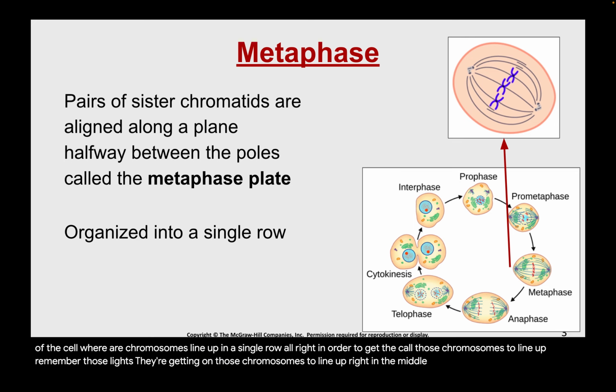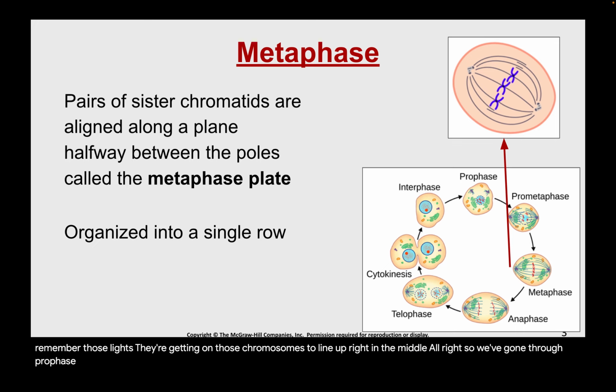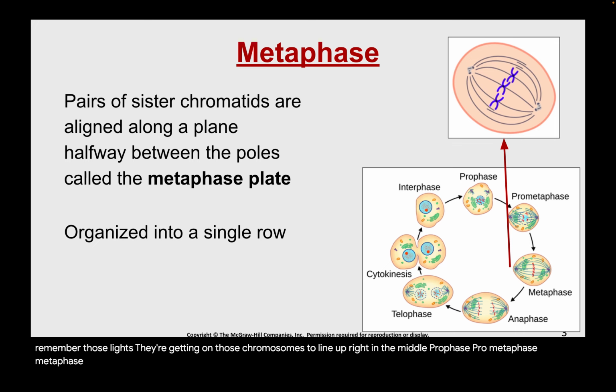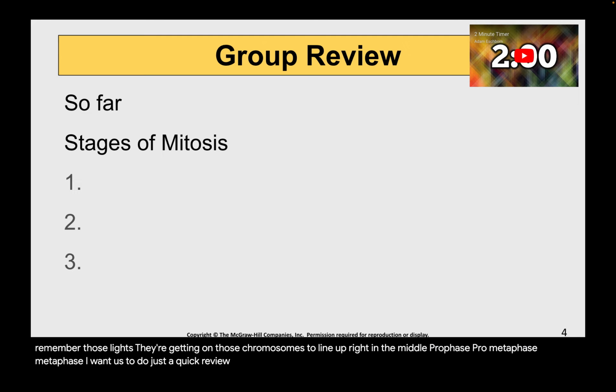All right, so we've gone through prophase, prometaphase, metaphase. I want us to do just a quick review, all right? So we're going to start today with a review after learning about metaphase. I want you to tell me stages of mitosis so far, what has happened?